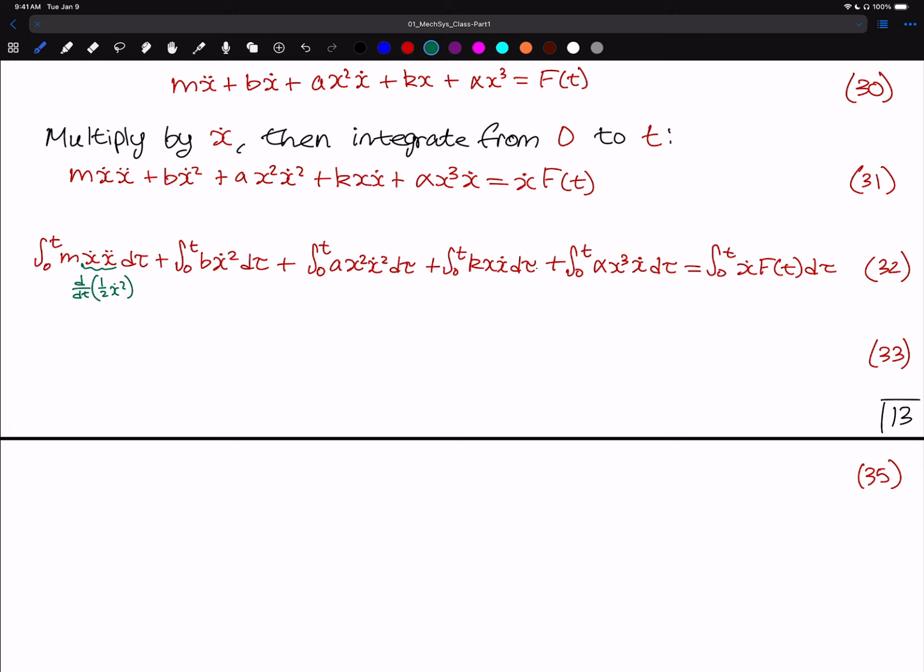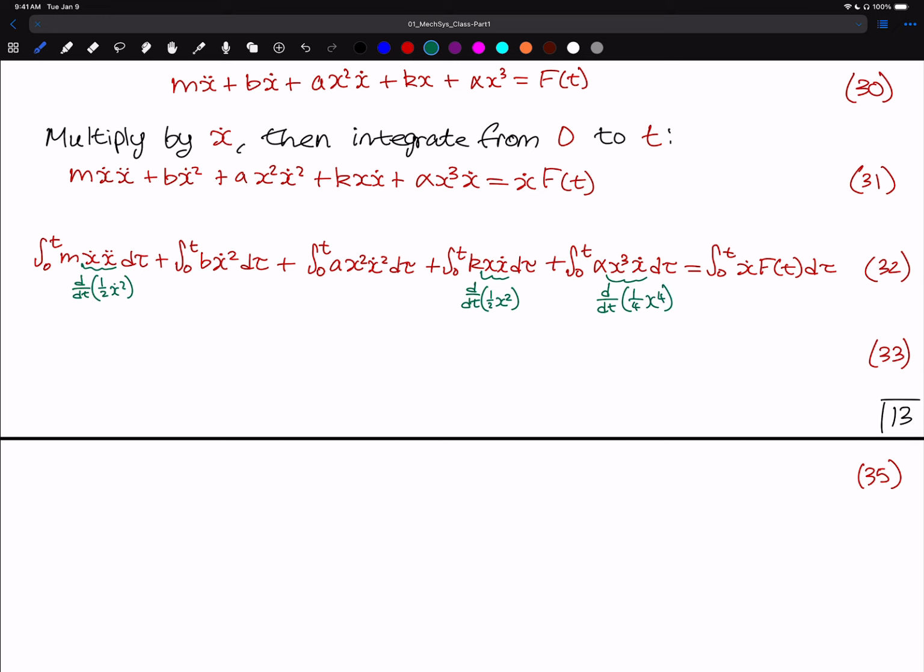If we come over to our stiffness term, this quantity here is equivalent to d over dt of 1/2 x squared. And this quantity for the nonlinear spring is equivalent to d over dt of 1/4 x to the 4th.